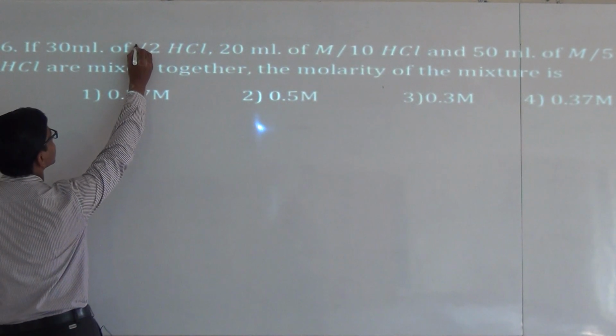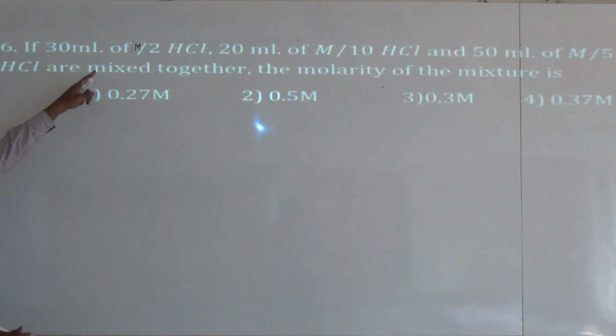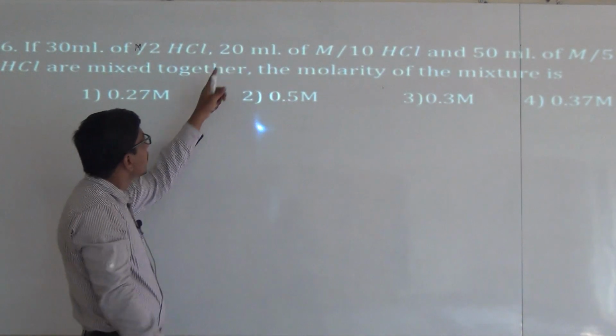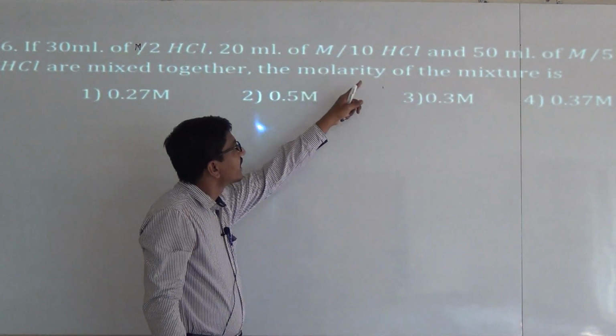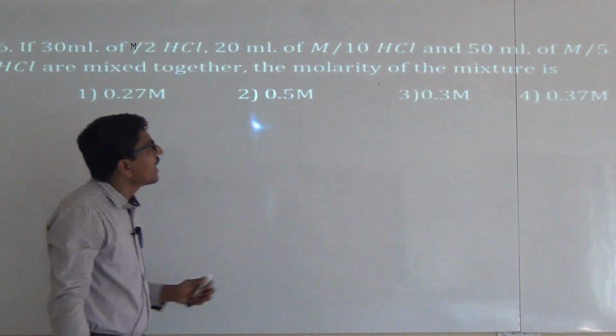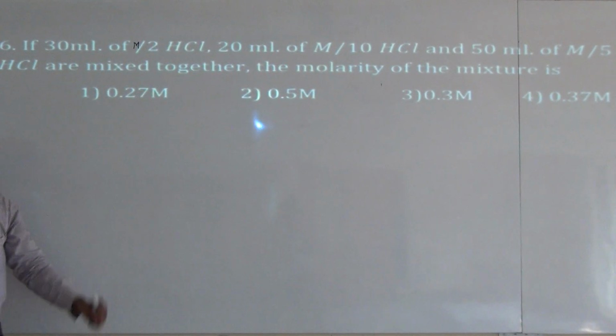Here the volume of the last one is 50 ml, not 10 ml. So 30 ml of M/2 HCl, 20 ml of M/10 HCl and 50 ml of M/5 HCl are mixed together, then the molarity of the mixture is.